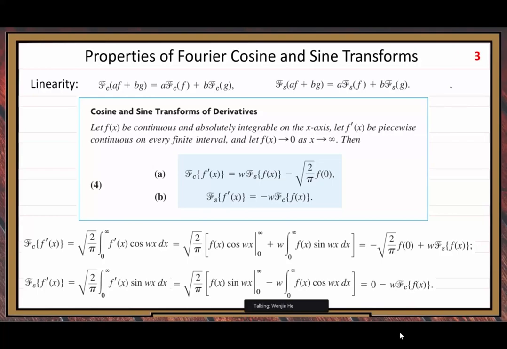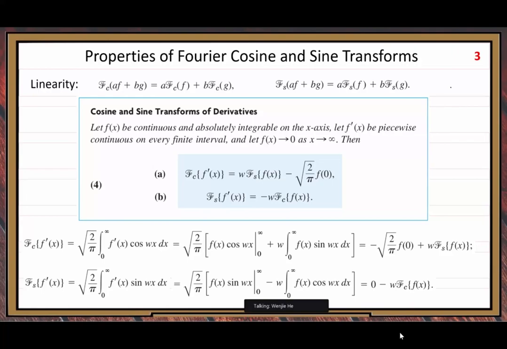Next we will look at the definition of the Fourier transform. That one is the most commonly used, and the usage of these two transforms is not as much as the Fourier transform, which contains both the cosine part and the sine part.